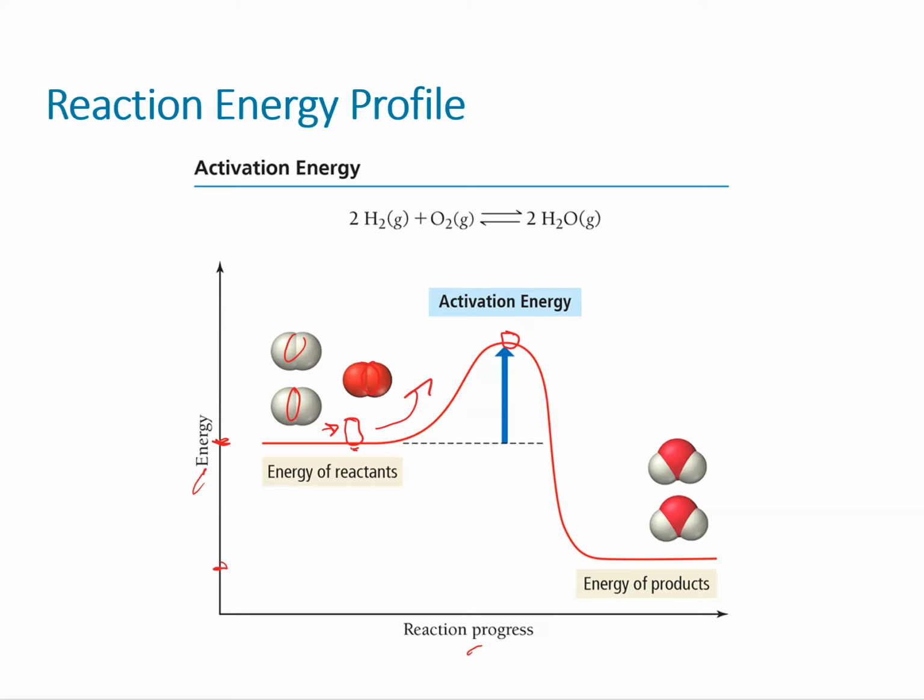However, if you don't have enough energy to push it up over the top of this barrier, you're never going to get it down here, because you have to be able to overcome that energetic barrier.